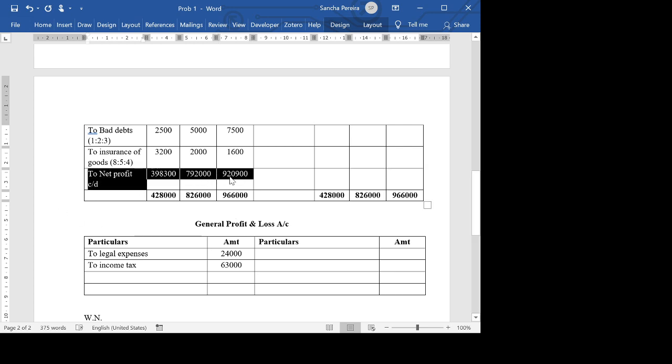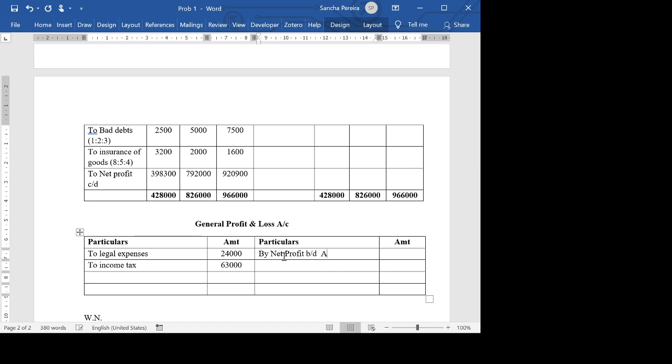So what we do is, when we are writing the net profit, by net profit brought down, A, it is 398,300. B, or you can just put it outside also. You can put it in a column or outer column, it's up to you.